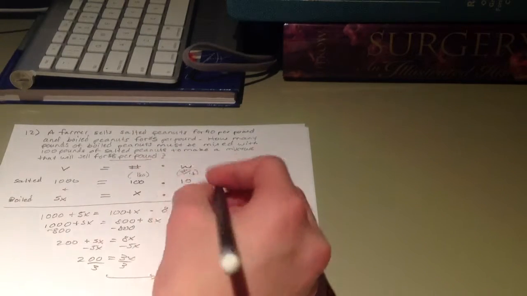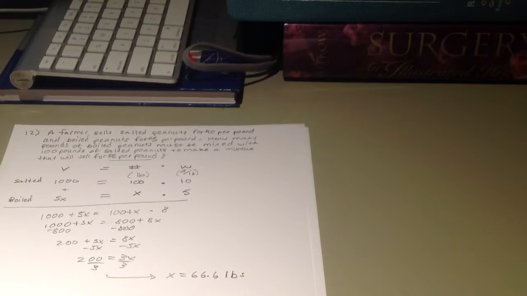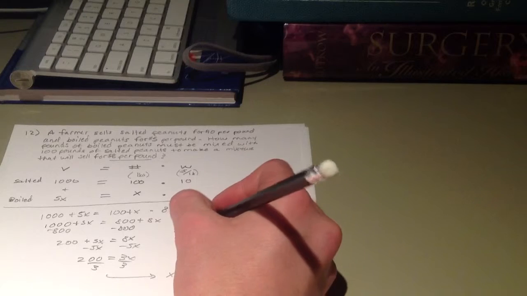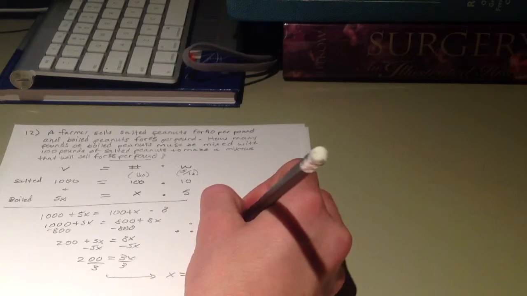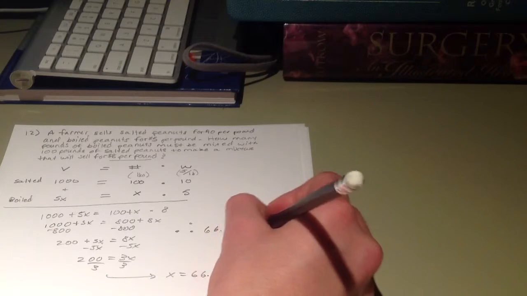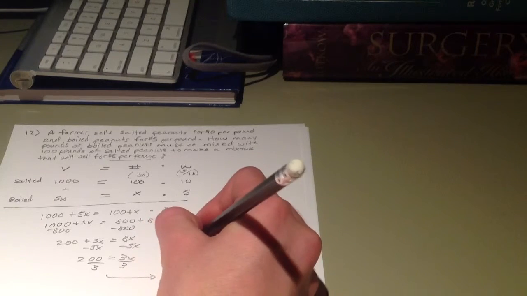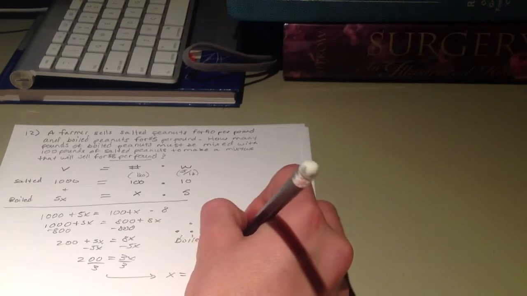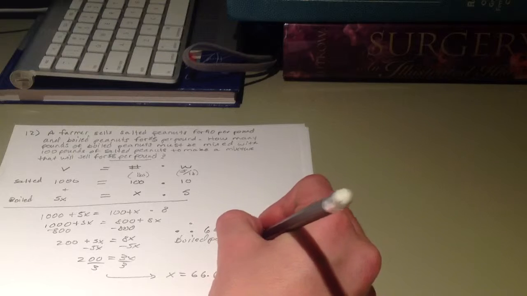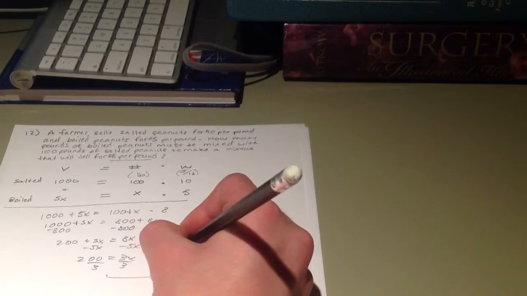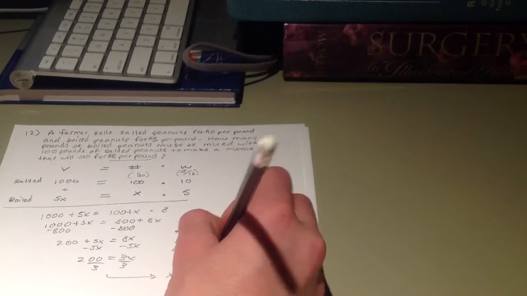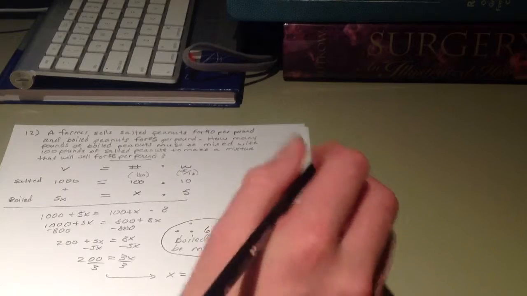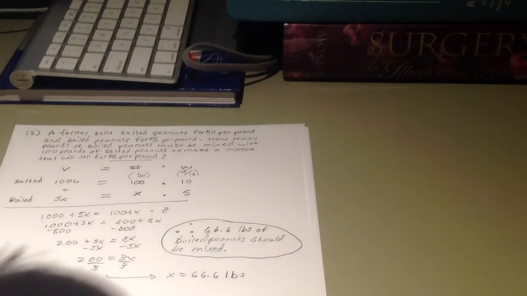So therefore, 66.6 pounds of boiled peanuts should be mixed. And that is our final answer.